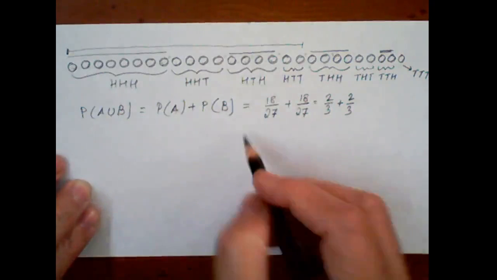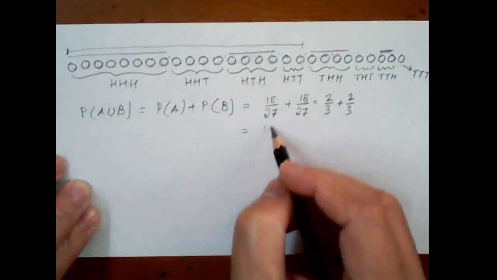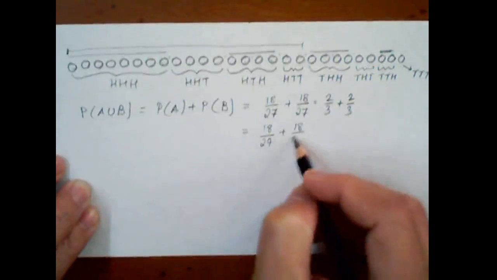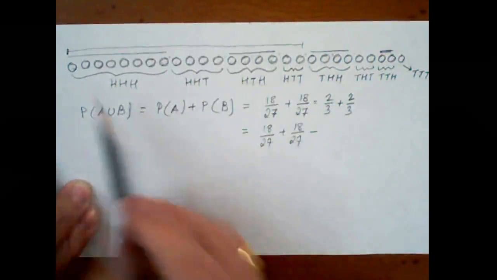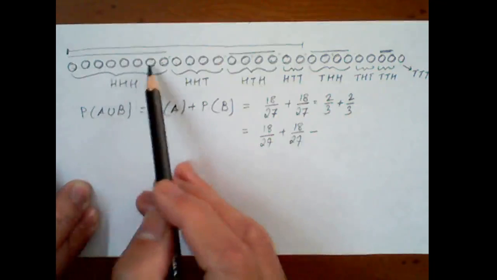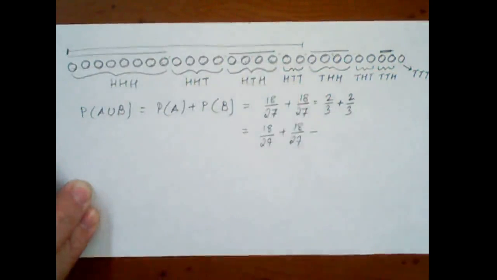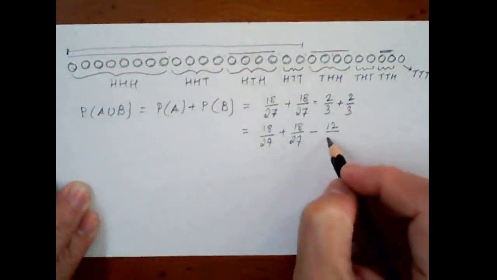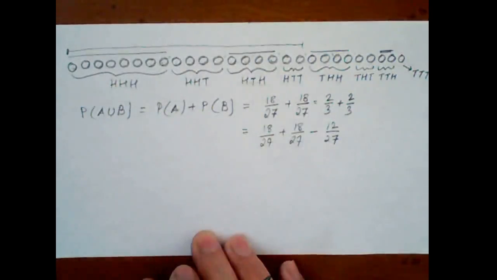So the actual calculation should be 18 by 27 plus 18 by 27 minus 1, 2, 3, 4, 5, 6, 7, 8, 9, 10, 11, 12, which is 12 by 27. So once you have to subtract it.